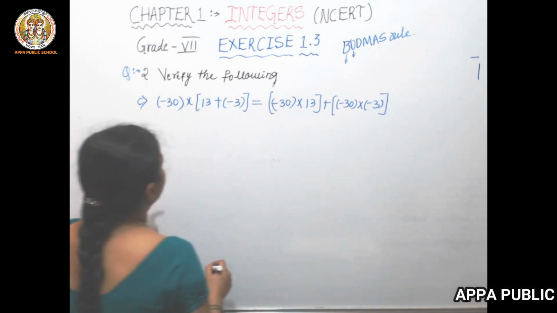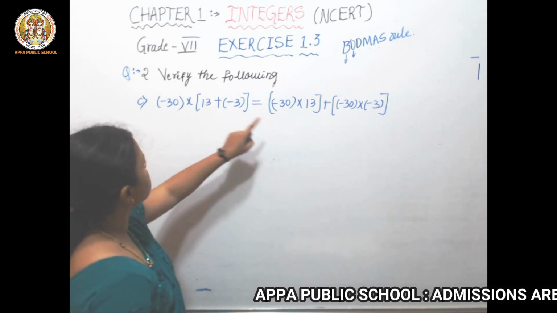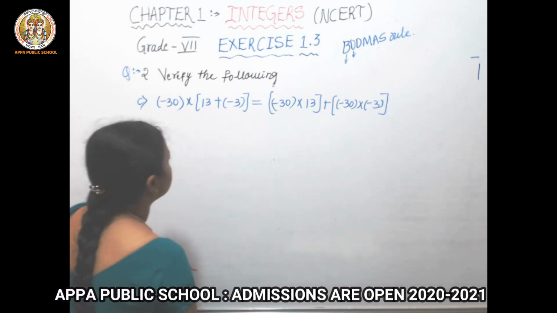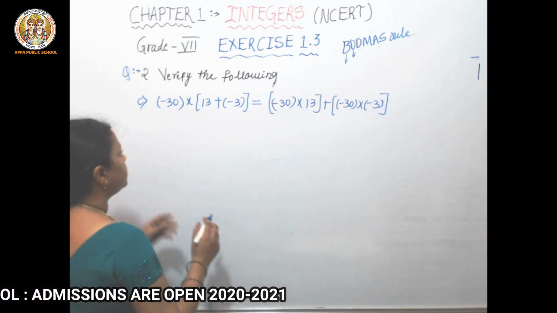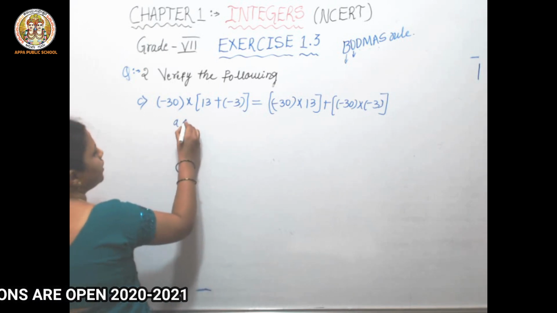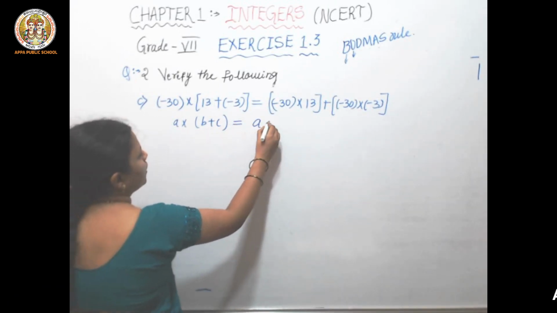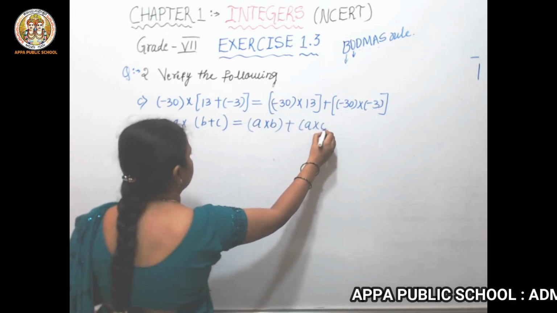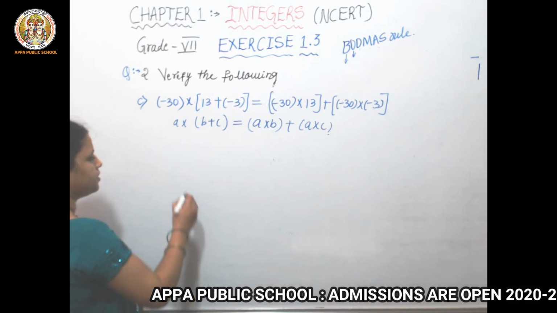Clear? What we are having here: minus 30 into 13 plus minus 30 into minus 3. Once again, here also that is the distributive property. What is our distributive property? A into (B plus C) is equal to A into B plus A into C. Now, once again we will solve like LHS and RHS part.